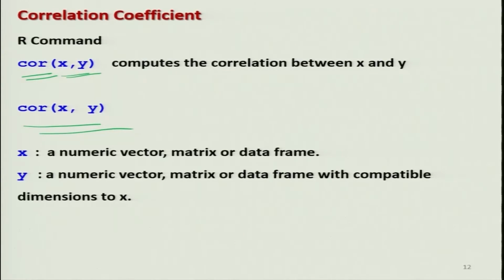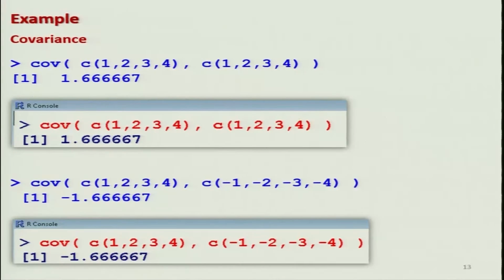If you go to the help menu of this COR function, you will see other types of correlation, such as rank correlation, but here we are not considering them. If you wish, you can learn them yourself, but here we are talking only about the Karl Pearson correlation coefficient, which measures the degree of the linear relationship between two quantitative variables.